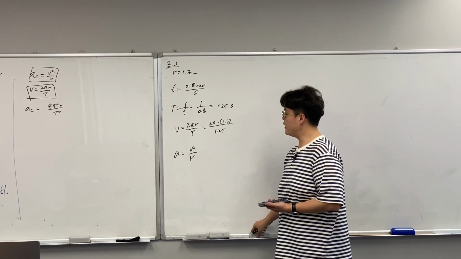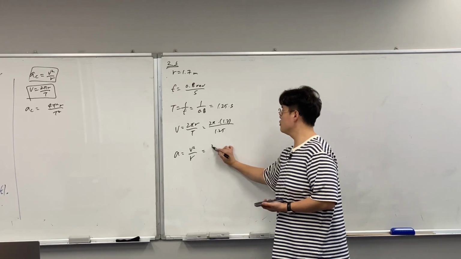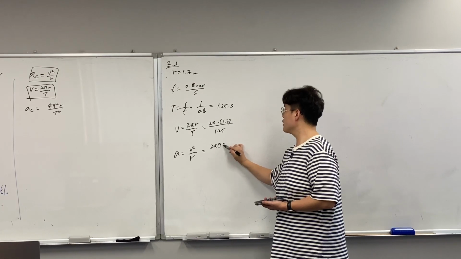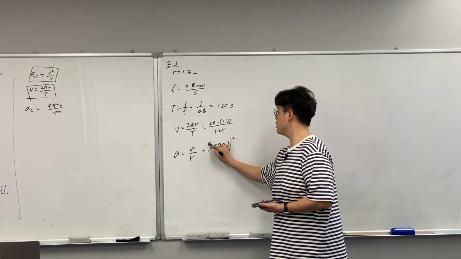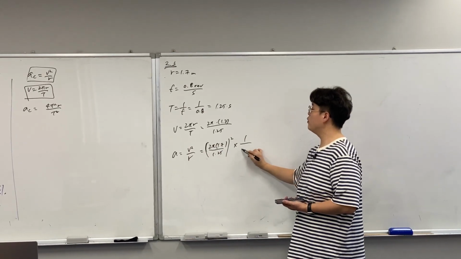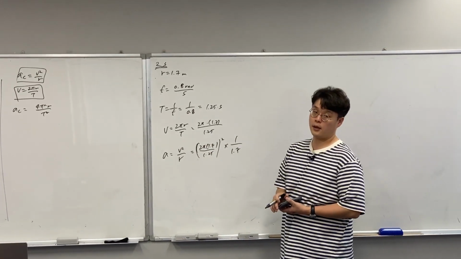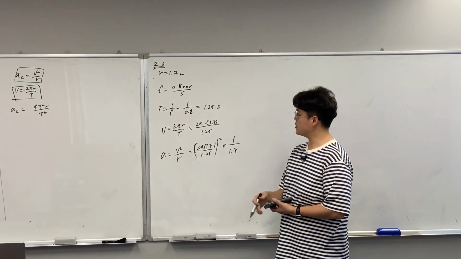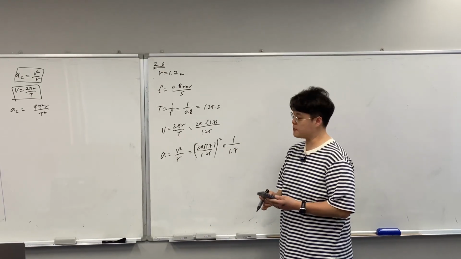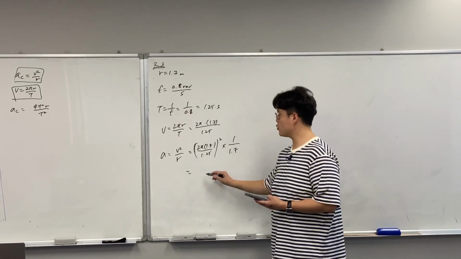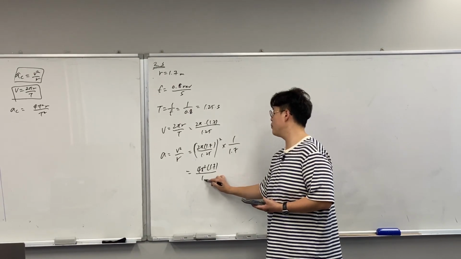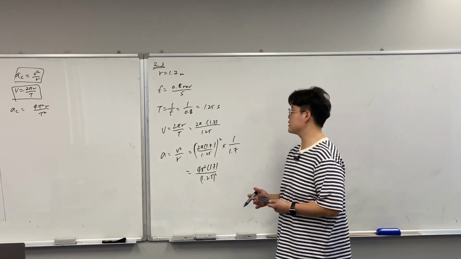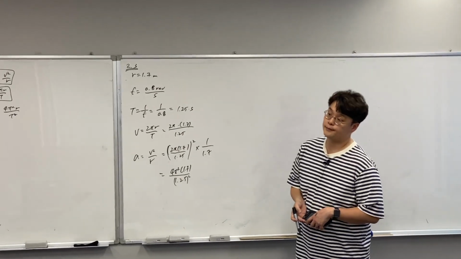You can just substitute the values in. That's given as 2 pi, 1.7, and 1.25, squared, times the 1 over 1.7 there. Well, you can cancel out 1 over 1.7 if you like. If you expand that, you'd get 4 pi squared times 1.7 over 1.25 squared.